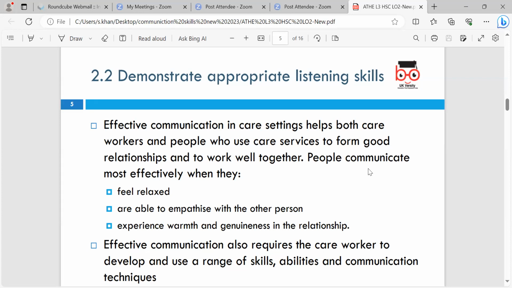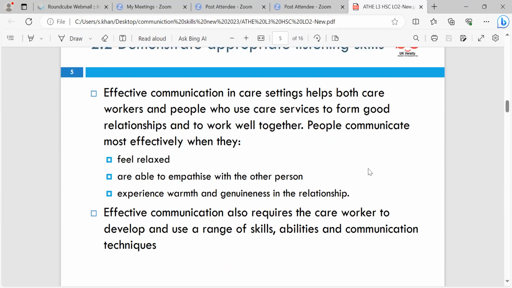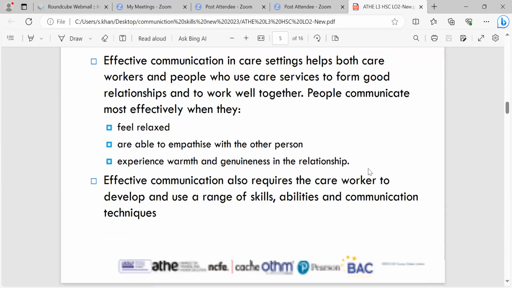Effective communication in care settings helps both care workers and people who use care services to form good relationships and to work well together. People communicate most effectively when they feel relaxed, are able to empathize with the other person, and experience warmth and genuineness in the relationship.